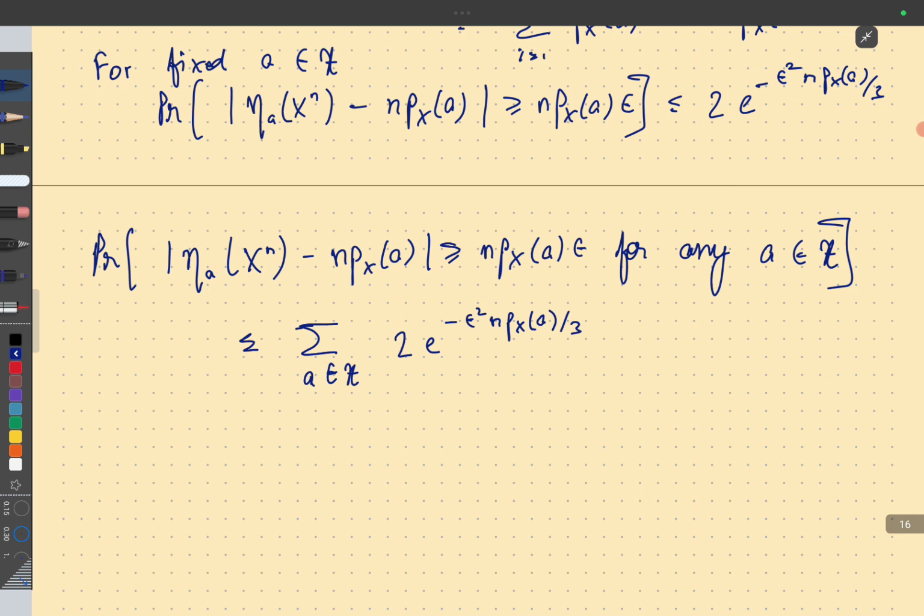Now, usually with summations, we want to simplify such quantities as much as possible.